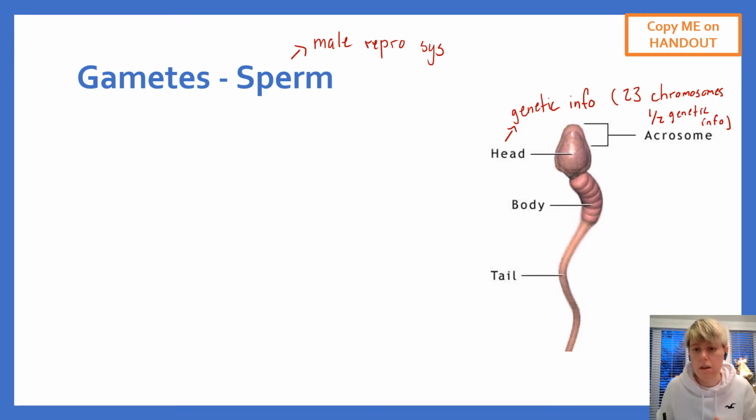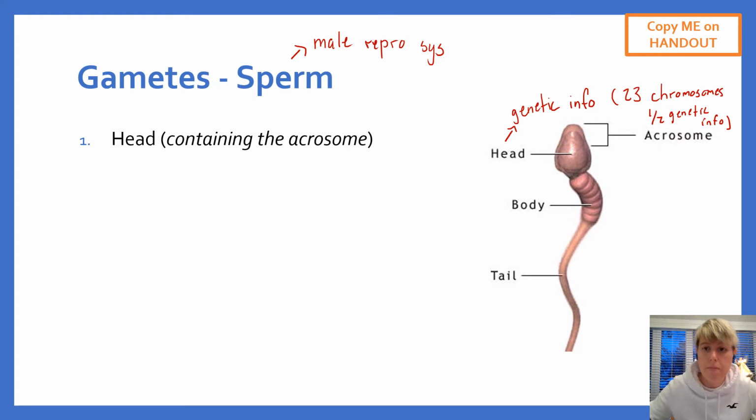Now, the body is basically the structure that has all of the mechanisms required for the sperm to swim. And the tail is the mechanism which powers the sperm, so it can swim through the female reproductive system and make it to the ovum to fertilize.